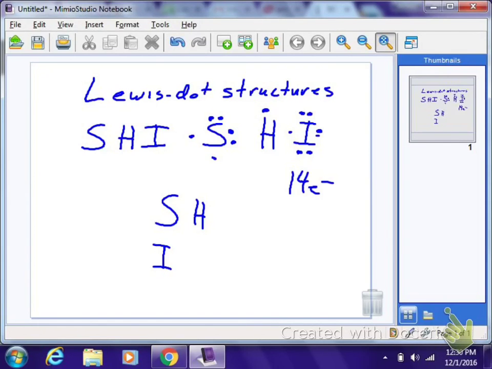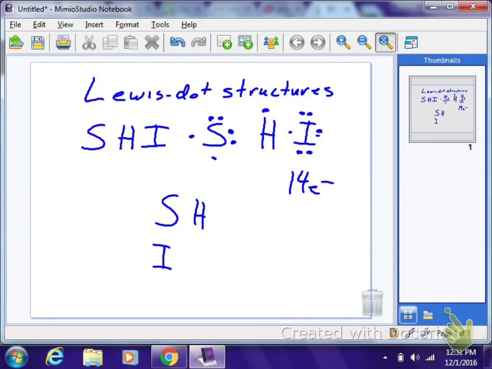Now number 4, we're going to place a pair of electrons in between the central atom and the outer branched atom. So guys, underneath number 3, you could just go ahead and continue to build on your structure, because under number 3 is probably where you put this structure. The atoms on the outside of the central atom are called branched atoms.